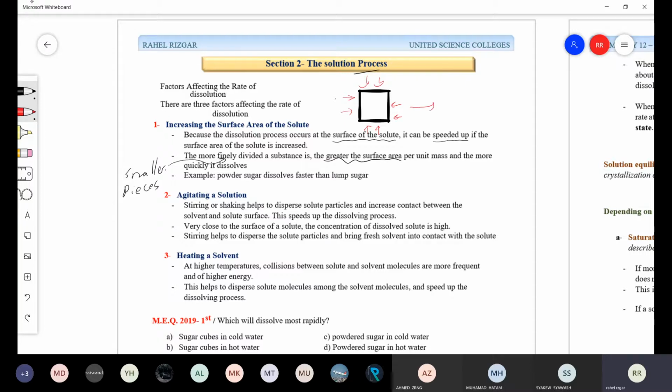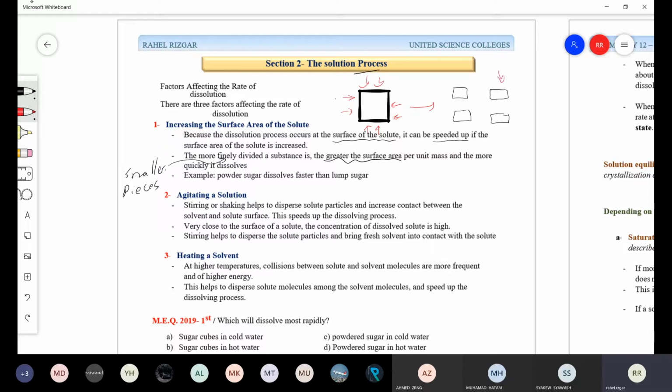But what if we break down this cube of sugar into smaller pieces? For example, let's break it down into 4 smaller pieces, like this. Before that, we only had contact on the surface of this cube.